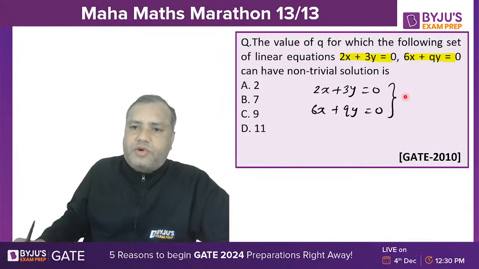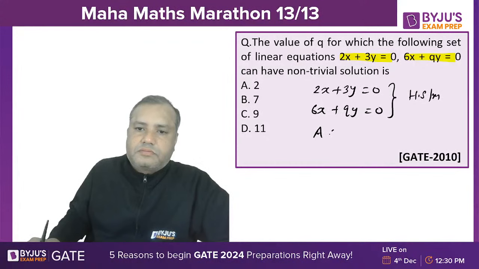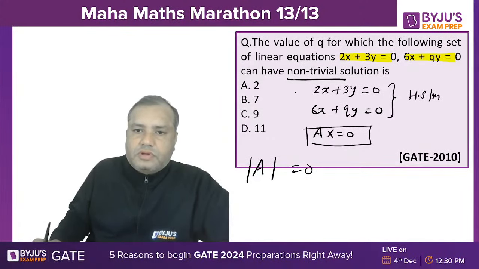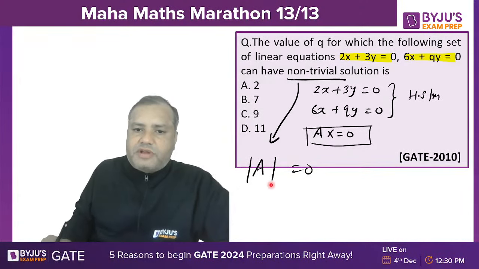Right hand side is 0. It means it is a homogeneous system. And for non-trivial solution, determinant must be 0. For non-trivial solution, determinant must be 0. Coefficient matrix determinant 2, 3, 6, Q.